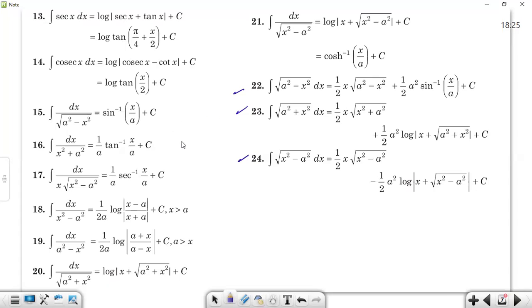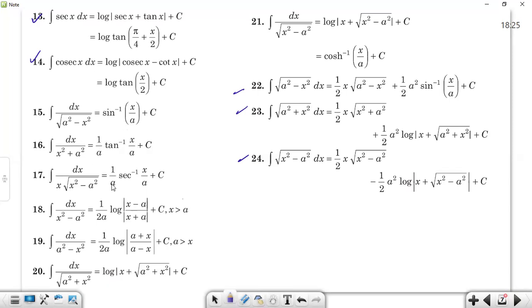These are the inverse trigonometric formulas, whereas we are seeing the integration of dx upon square root of a square minus x square is equal to sine inverse of x by a. After seeing all these formulas, you may be wondering in your head that wherever we are writing any derivative of the function, we are writing it in the denominator part.